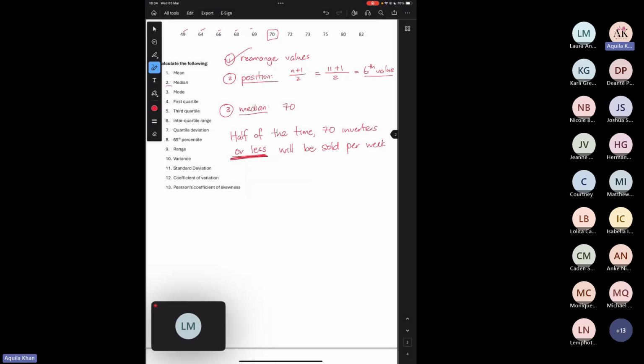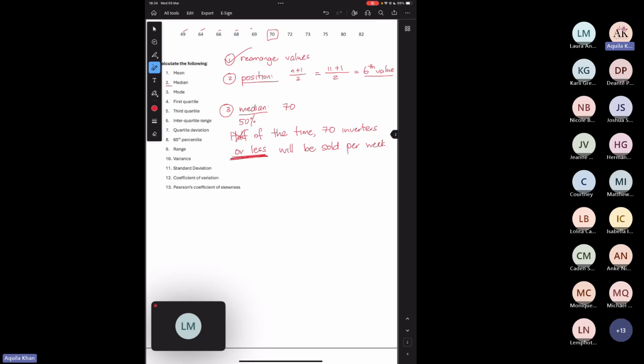Okay, so this is your interpretation of the median. This is just showing you an idea of how to go about your interpretations. Instead of the word half, you could have said 50% of the time because the median is also showing you 50% of the time what happens. So whichever you're more comfortable with.